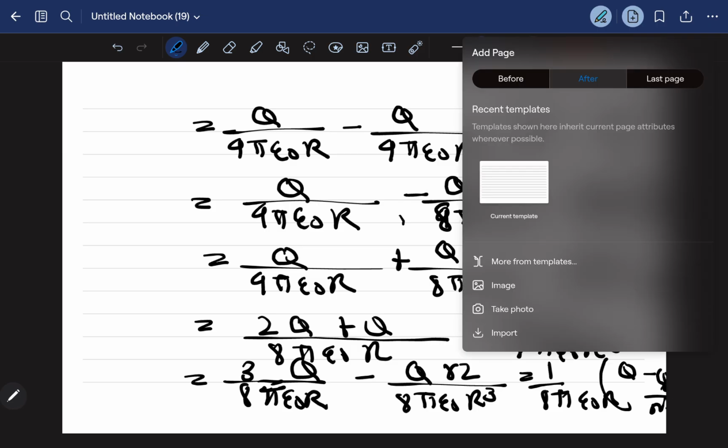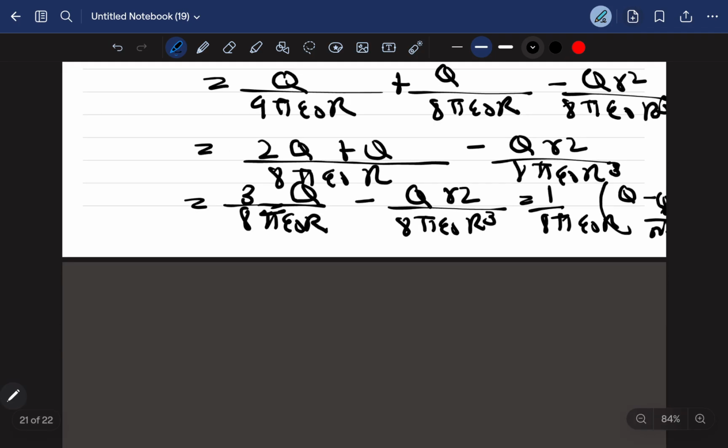Let's go to next slide. Actually this is too hazy over here.